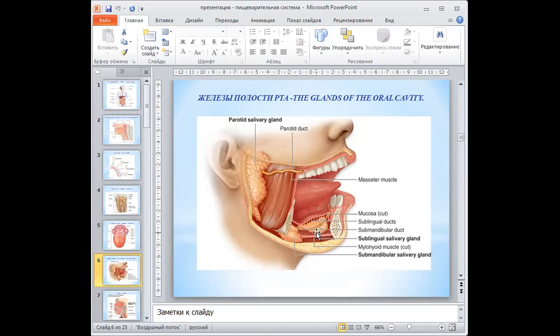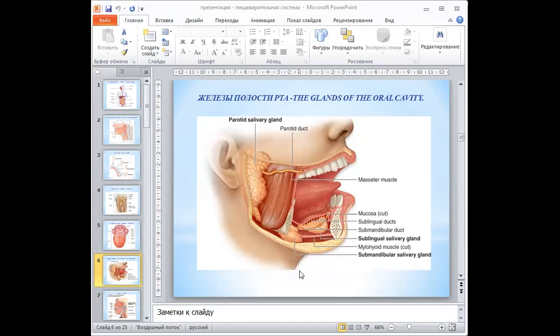The glands, by nature of secretion, can be serous, mucous, and mixed. The parotid glands are the largest of the salivary glands, of the serous type. They are located below the auricle. They have a lobed structure and are covered with fascia.